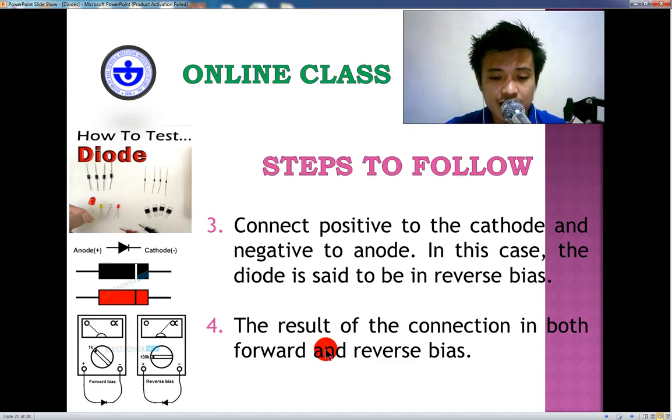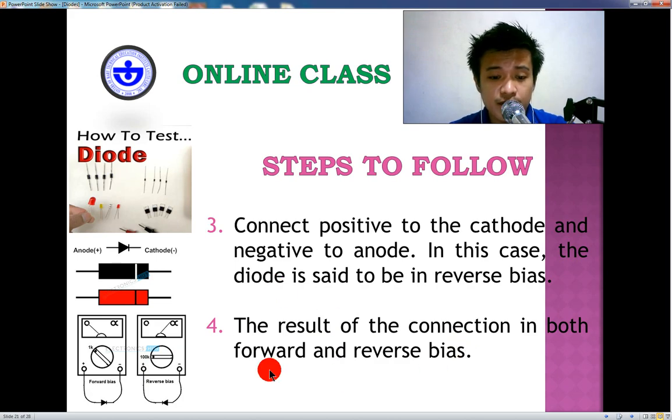And the fourth is the result of the connection in both forward and reverse bias. You have to observe and remember the results, because that will lead you to conclude the condition of your diode. That is our basis for concluding whether your diode is in good condition or not.